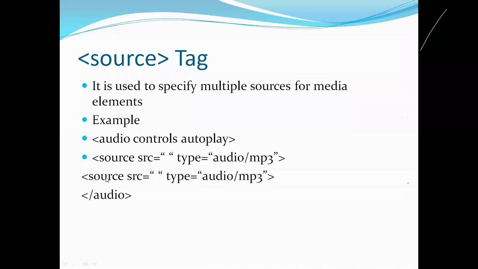Next, source src is equal to some file name, type is equal to audio/mp3. Audio tag close. Source tag is standalone, audio tag close. Within the audio tag, the source tag is used to specify multiple sources for the media element. That is called the source tag. Okay. So this is the source tag and audio tag.